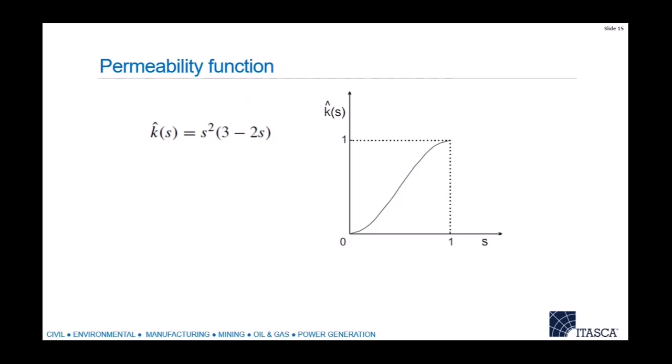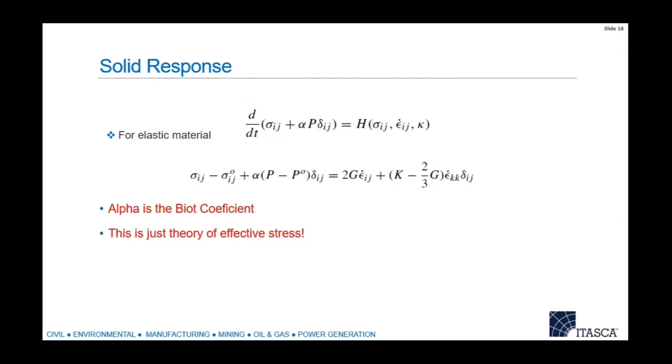This is a simple cubic law. The idea is that if this isn't fully saturated, then there's less transport across it, because part of it doesn't have fluid in there to transport anything, right? And it varies. This means that the permeability of a fully desaturated material is 0, right? So it's not going to happen there.